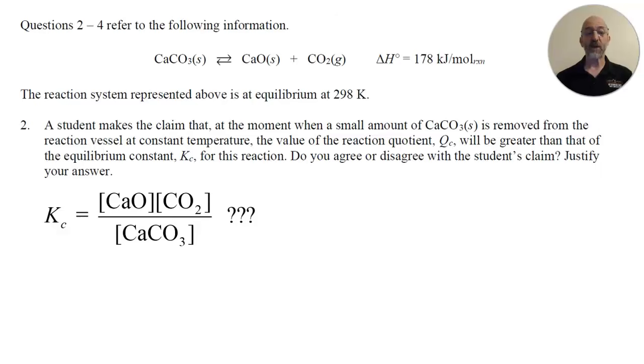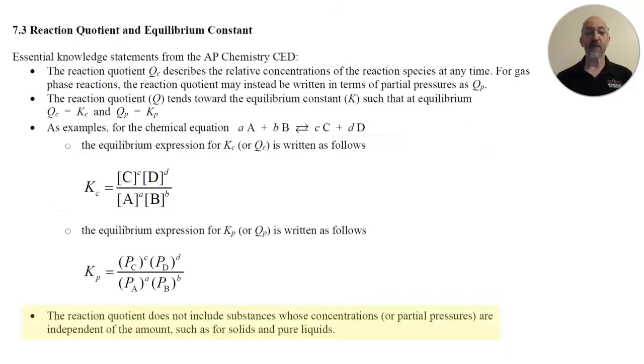So this goes back to an earlier episode of AP Chemistry Review and Practice, when I was talking about topic 7.3, reaction quotient and equilibrium constant. You can see at the bottom of this slide that one of the essential knowledge statements for topic 7.3 says the reaction quotient, or the equilibrium constant expression, does not include substances whose concentrations or partial pressures are independent of the amount, such as for solids and pure liquids.